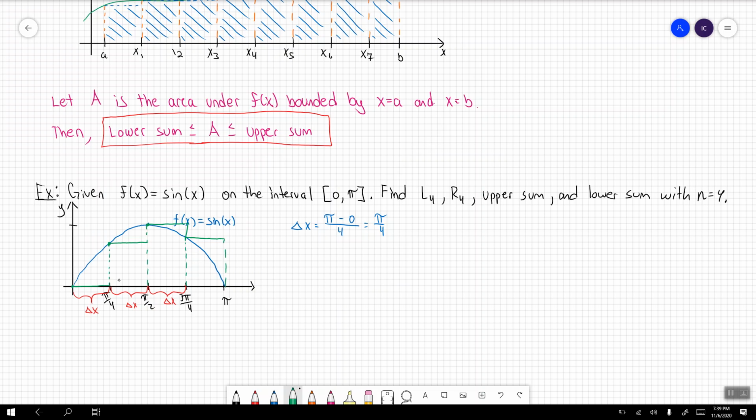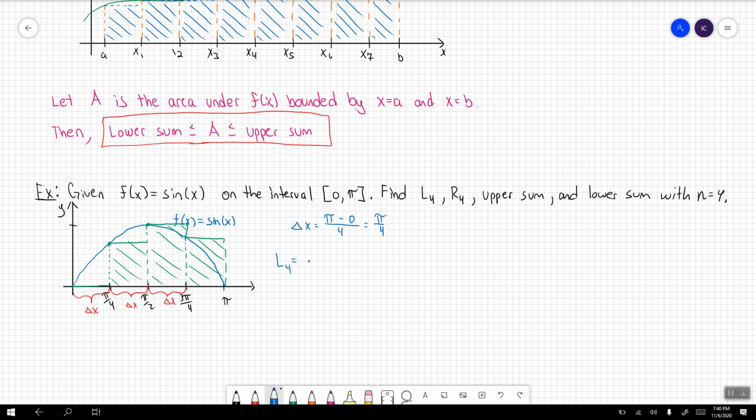So the area is going to be here, and as you're going to see, it serves as an approximation. It's not the best approximation, but it's one that will help us. So this is going to be L sub 4.